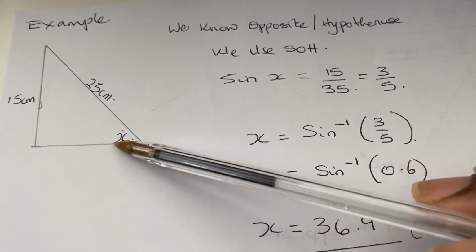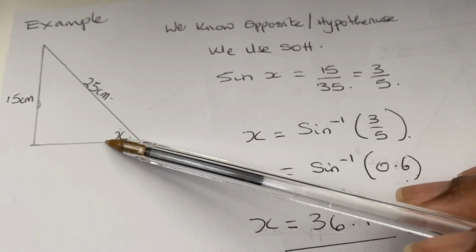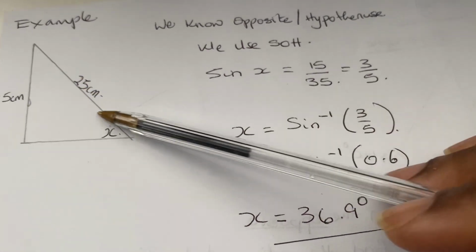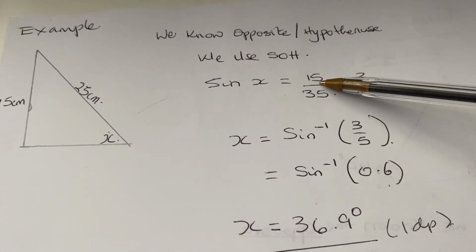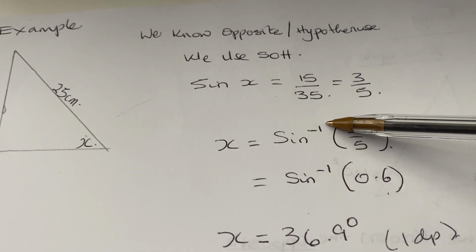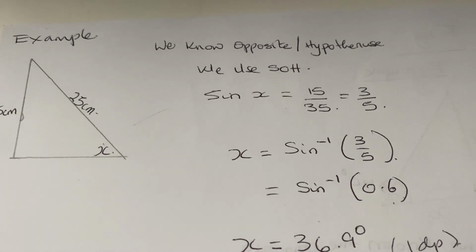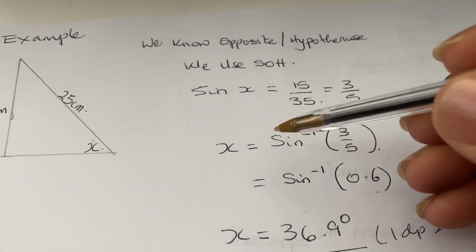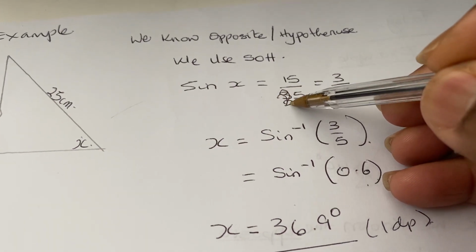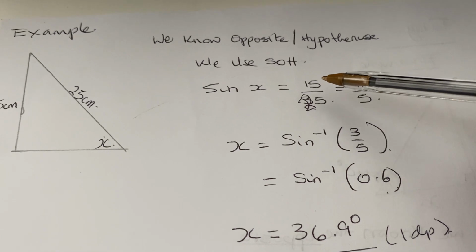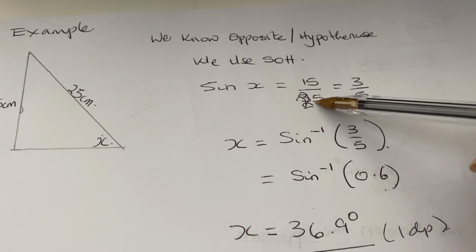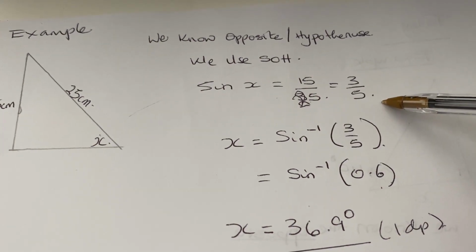Sine of x will be the opposite 15 divided by 25, not 35. 5 goes into 15 three times. 5 goes into 25 five times.